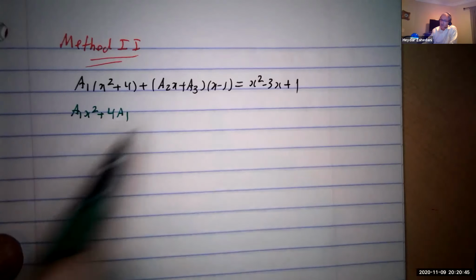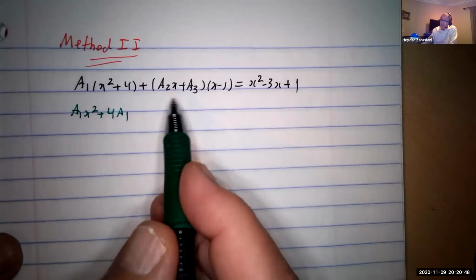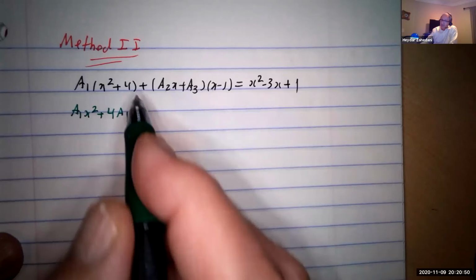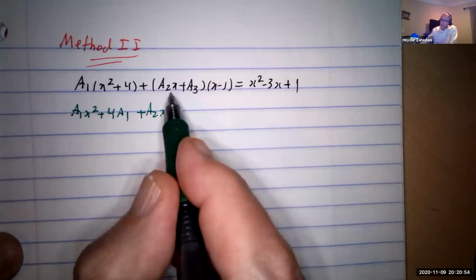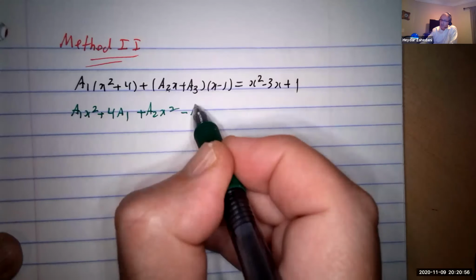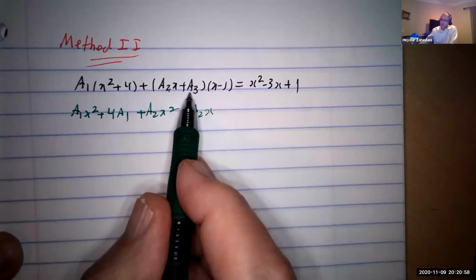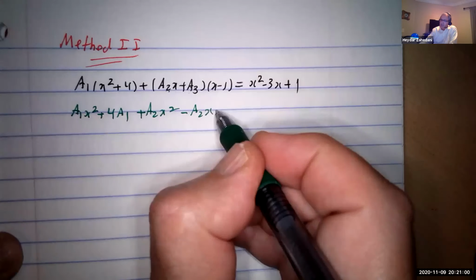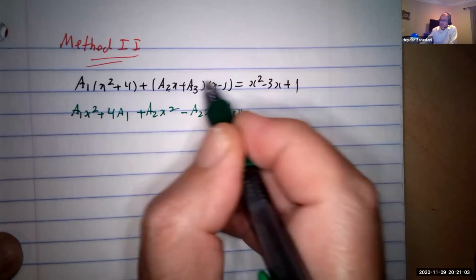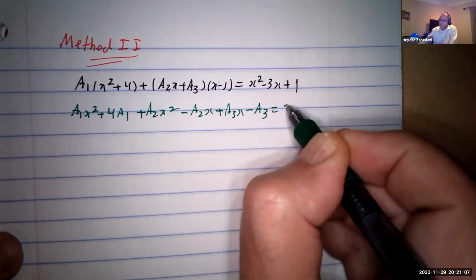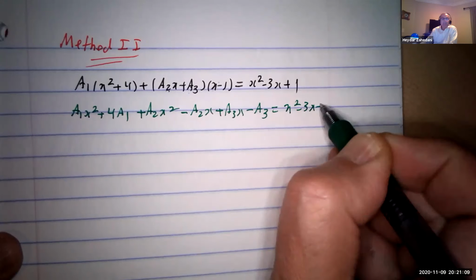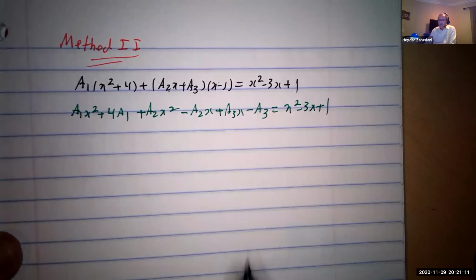Then you have to fold this one, just multiply: a2 x squared and minus a2x. I'm just using the FOIL method, plus a3x minus a3. And on the other side, we get x squared minus 3x plus 1. I just multiply them together.